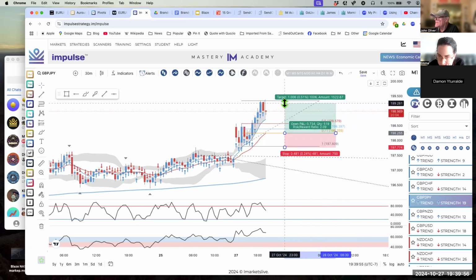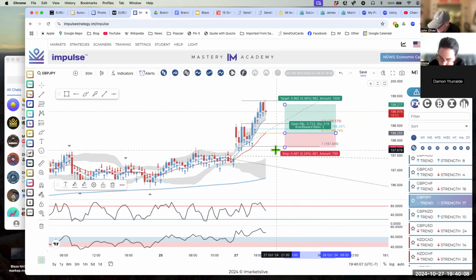That's going to take us up to right there, which is actually not even as high as it was before. Our TP is going to be roughly there, which is 199.217. Okay, so that's what we would put in our order.